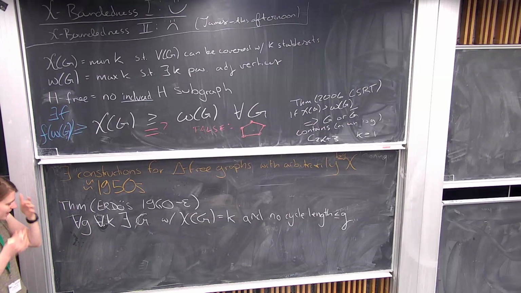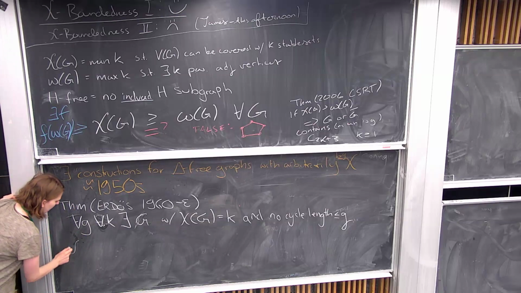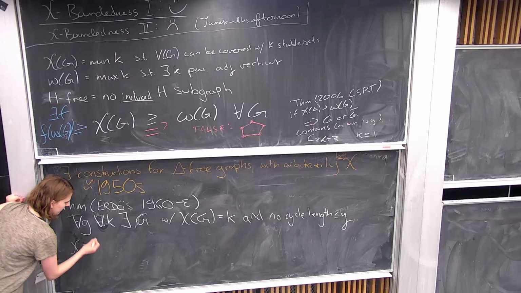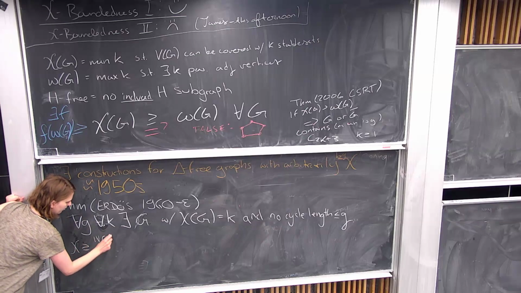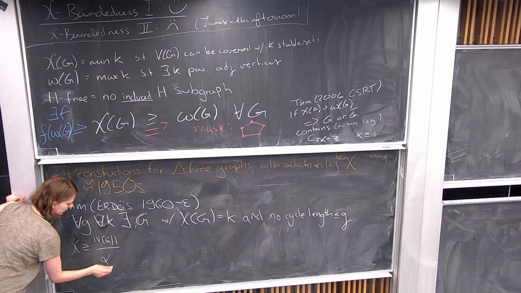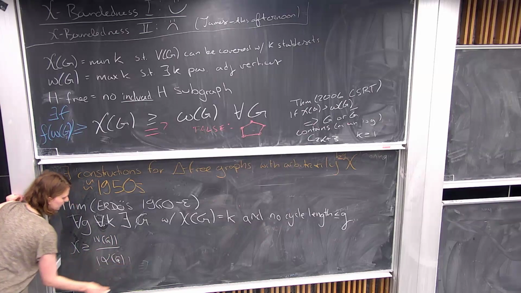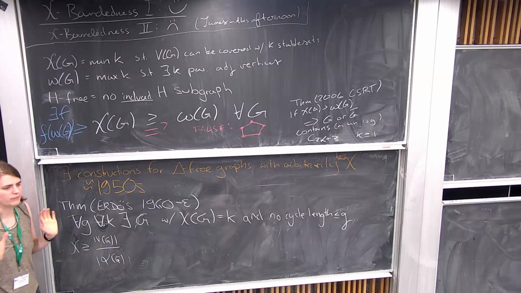But basically what you do is you take the random graph G(n,p) and fine tune the value of p so that there's never a big stable set. And since trivially chi is at least the number of vertices over alpha, you know that if there's no big stable set, the chromatic number has to be pretty big.